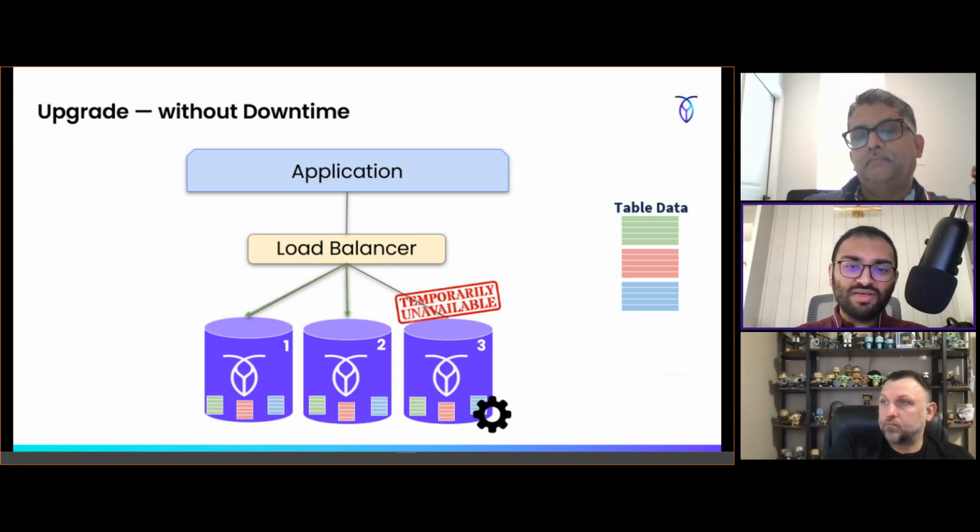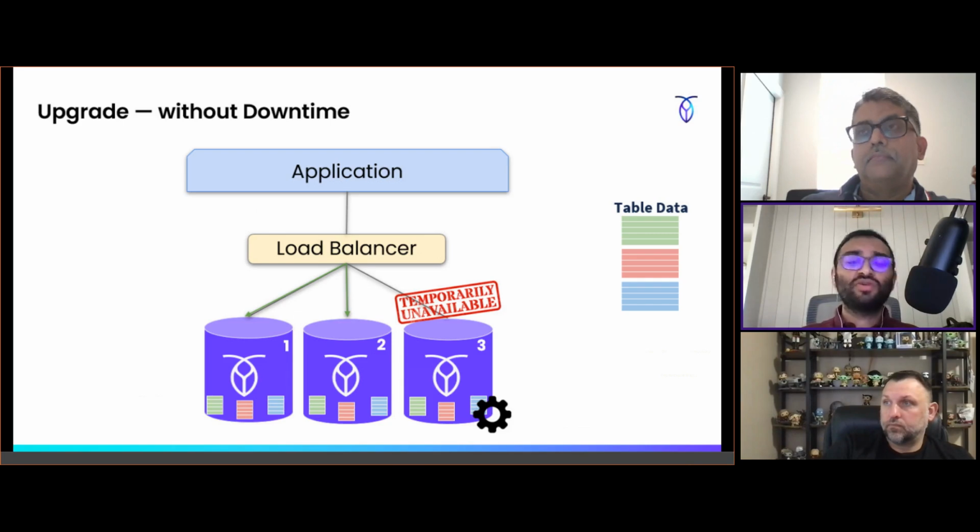Let's say you start an upgrade for the database cluster. Similarly to what you saw previously with a failure, you upgrade one node at a time, in a rolling upgrade that goes across the cluster, making sure the majority of your cluster is always available to serve transactions.